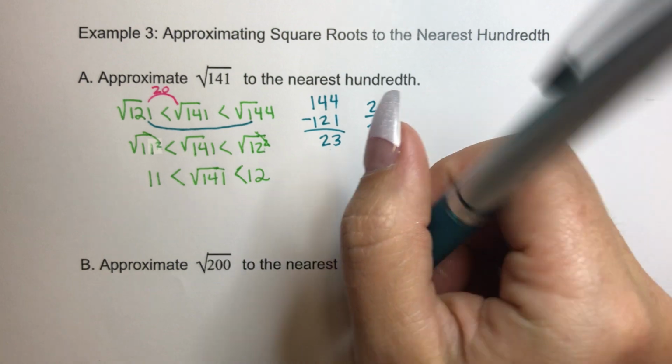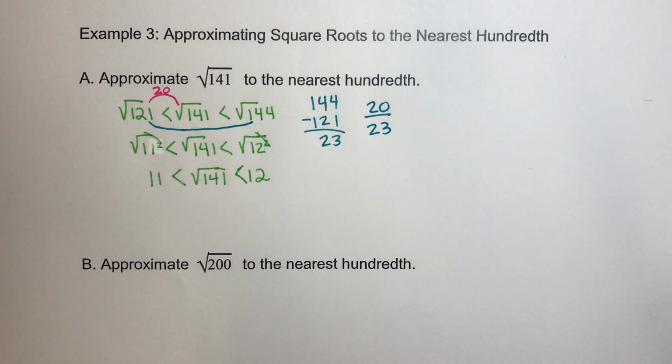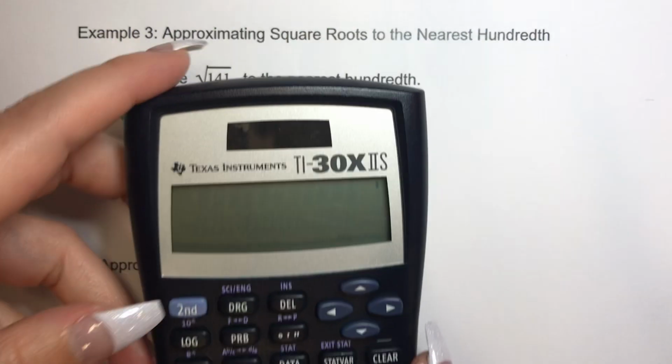So 1 divided by 23. I could figure that out, but because of time, I'm just going to put it into my calculator.